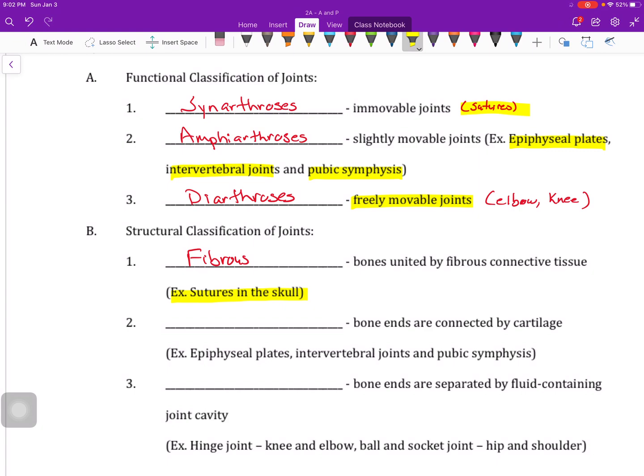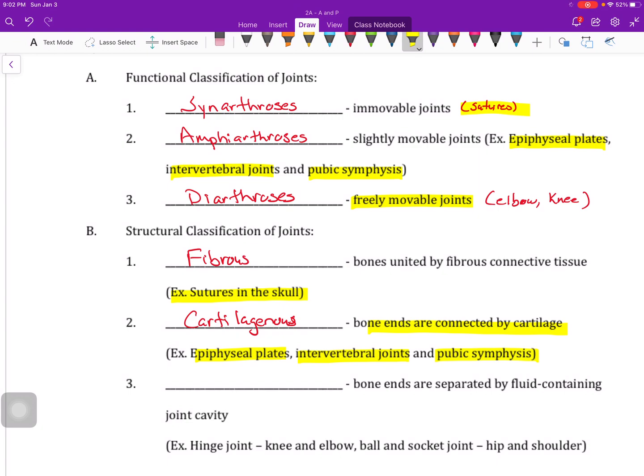The next classification, guys, is cartilaginous, and made of just what it sounds like. The bone ends are connected by cartilage. Examples: epiphyseal plates, intervertebral joints, and pubic symphysis.